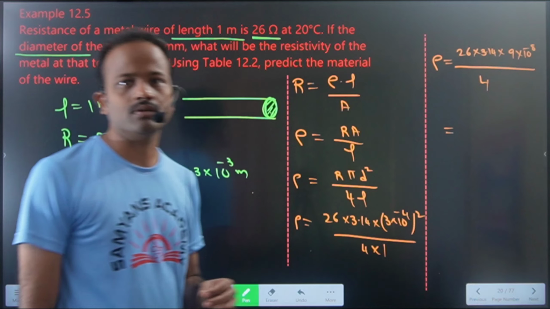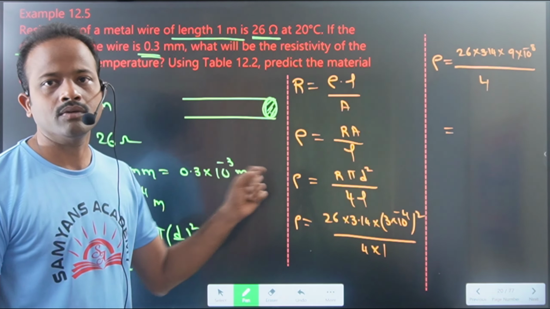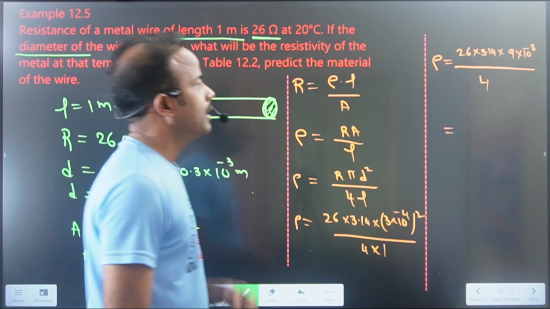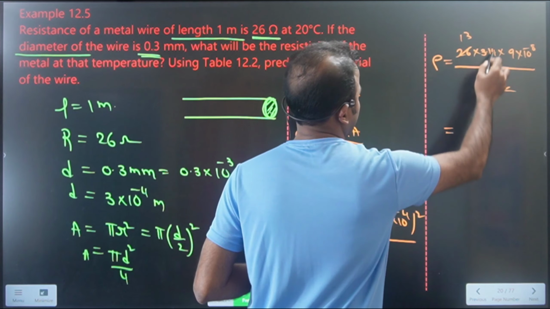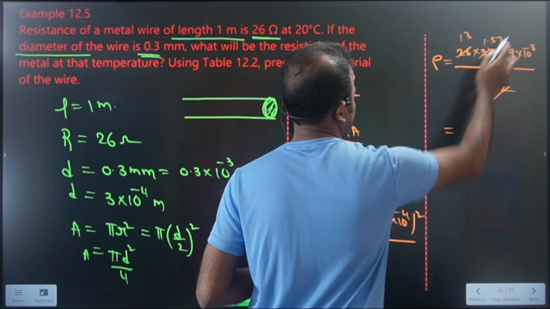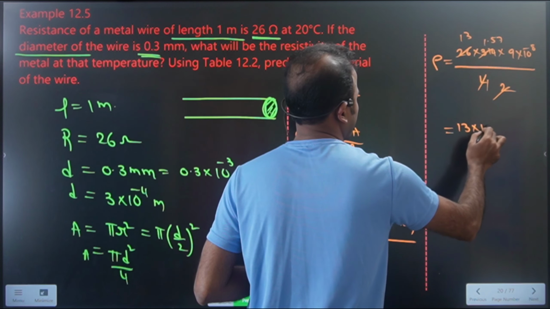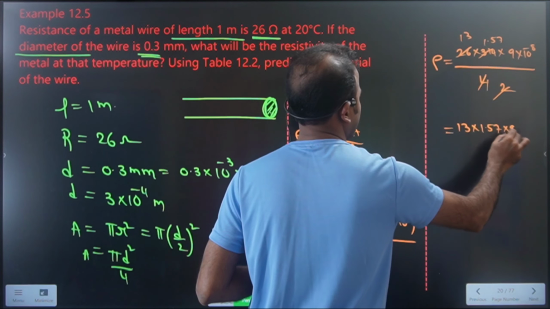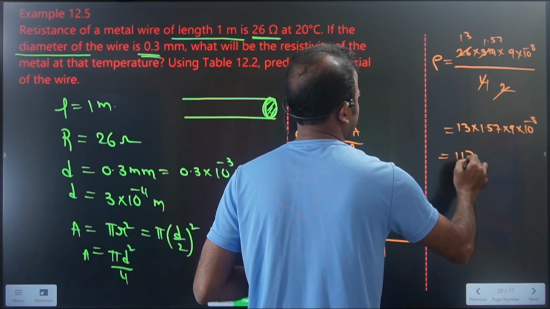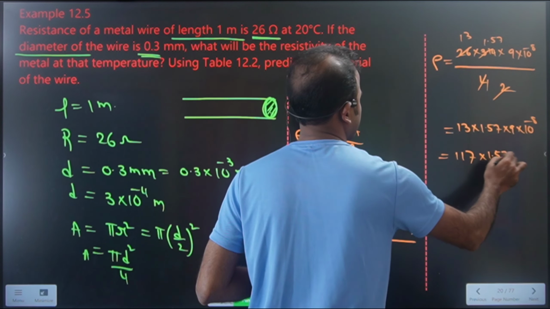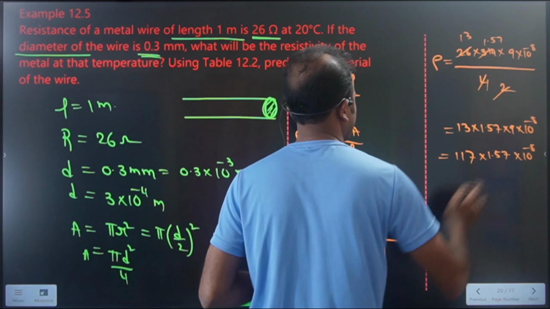Okay, 26 into 3.14 into 9 into 10 to the power of minus 8 by 4. Using the two table, 2 13 times, 2 1.57 times. So 13 into 1.57 into 9 into 10 to the power of minus 8. 13 into 9 is 117, into 1.57 into 10 to the power of minus 8.